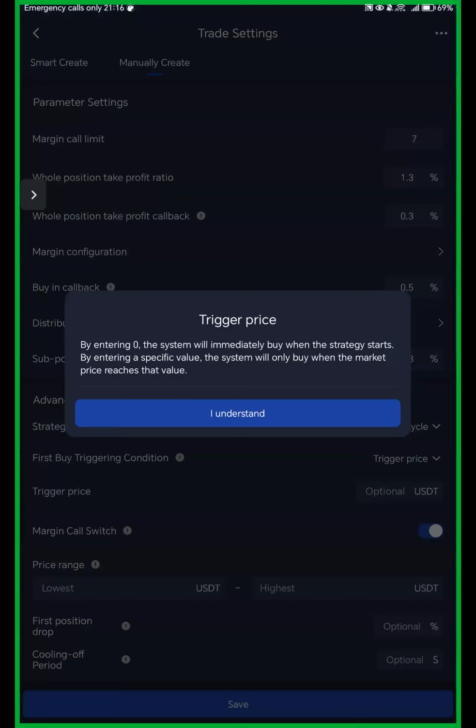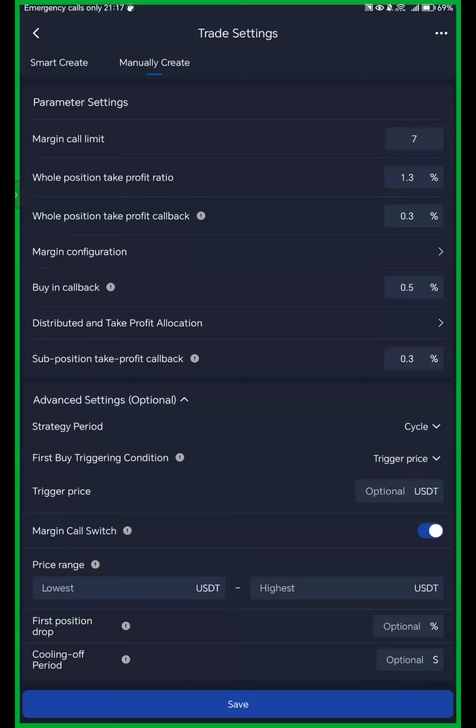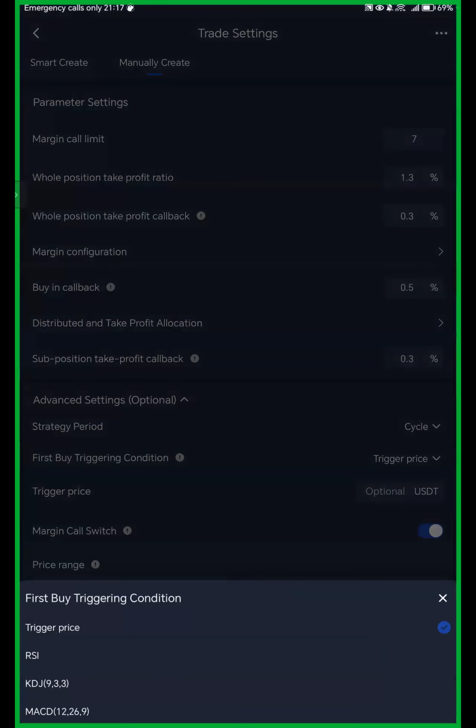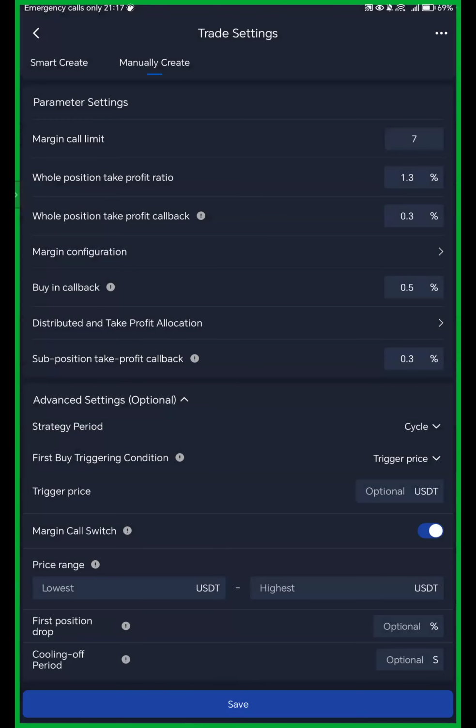It says by entering 0, the system will immediately buy when the strategy starts. By entering a specific value, the system will only buy when the market price reaches that value. So which one is our value? We want the robot to enter the market under a certain condition, and we are going to trigger that price by an indicator.